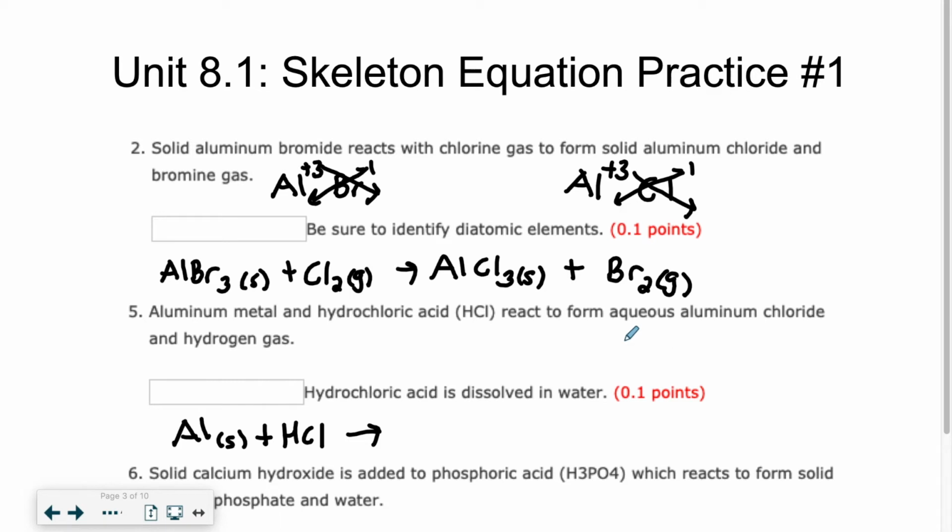Aqueous aluminum chloride. We had the aluminum chloride up here, but again, we have the Al +3, the Cl -1. Those are crisscrossing down, so I end up with AlCl3. This time it says that it's aqueous. So AQ, we have a different phase of matter, plus hydrogen gas. So it's going to be H2 and then a G.